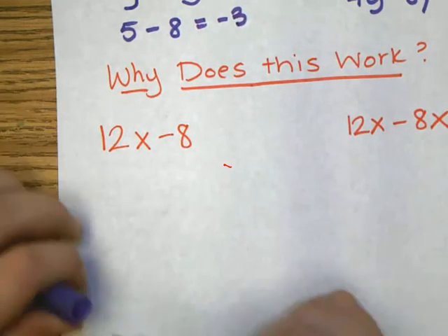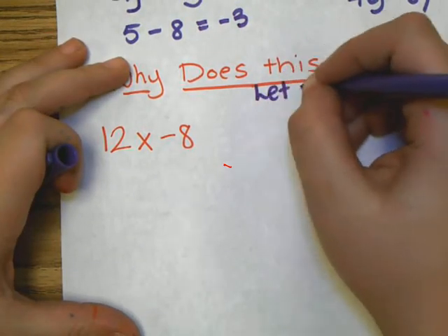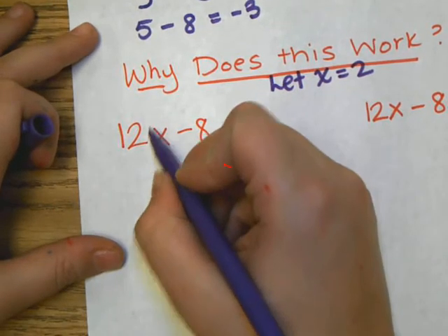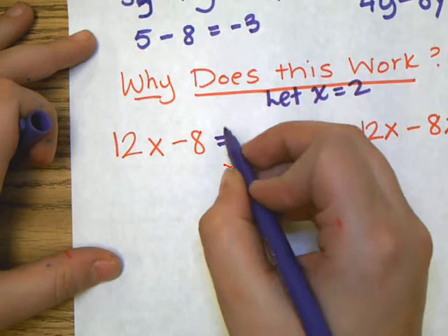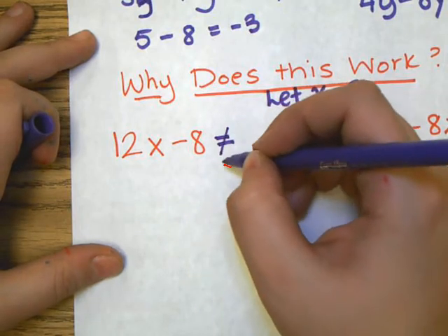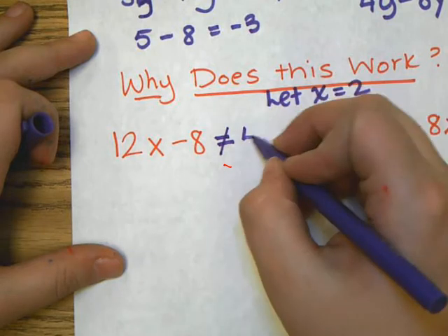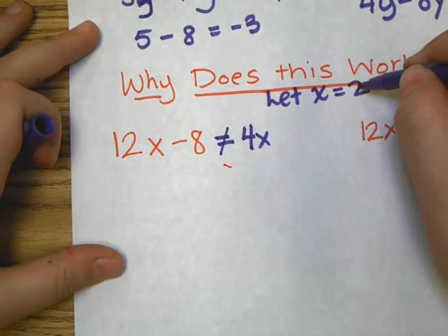So let's prove it. If I pick a random number, let's say I'm going to have x be 2. If I combine these together, which is not going to be equal, but let's pretend we say that 12x minus 8 is 4x. Let's see if that works.